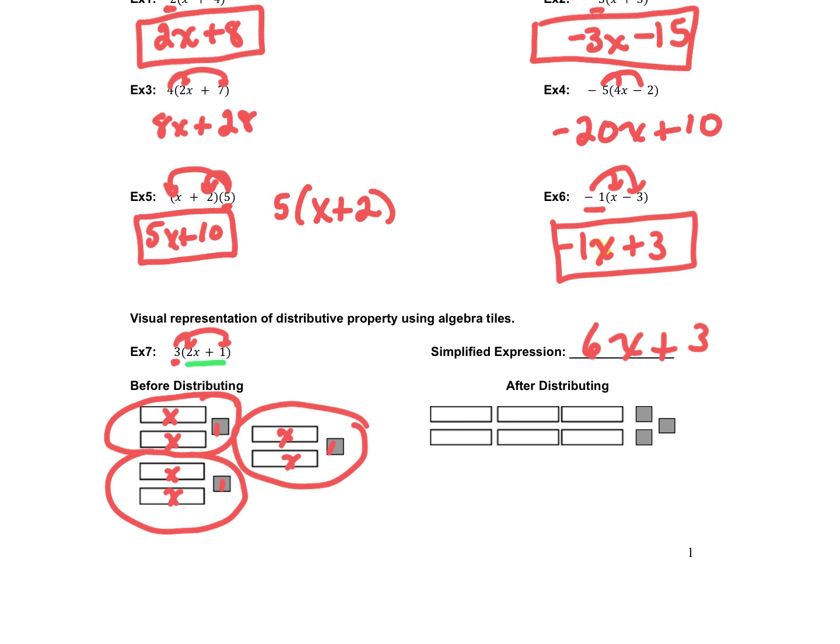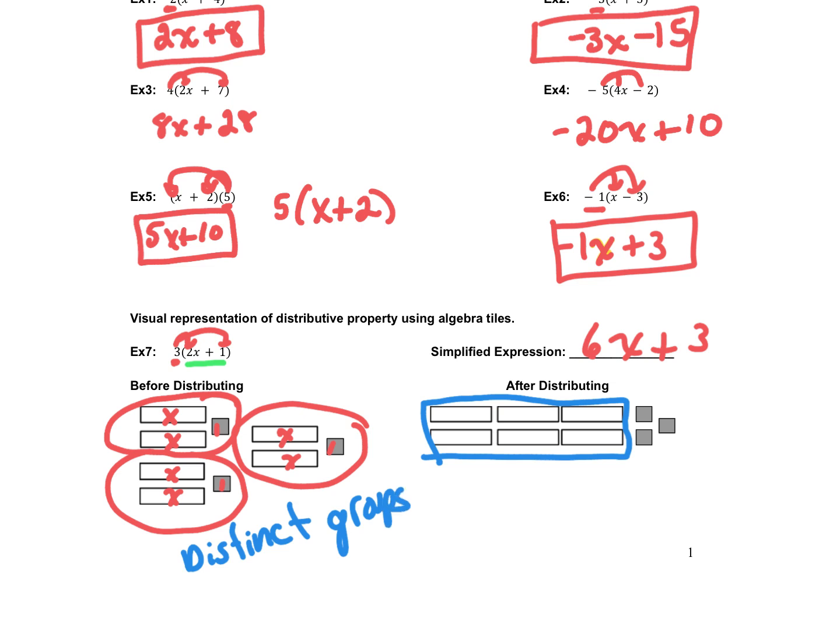And then when you distribute it, you're combining like terms. So if you draw these for me, you want to make sure that in the before, I can see the distinct groups. In the after, you'll put all the rectangles together and then all the squares together. Okay, it's like combining like terms.